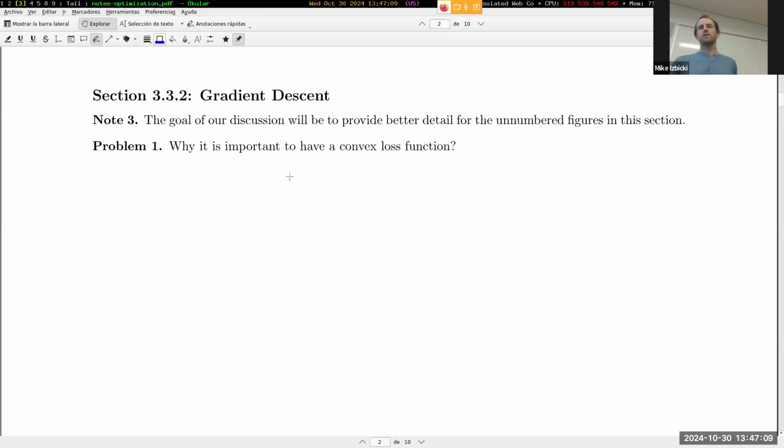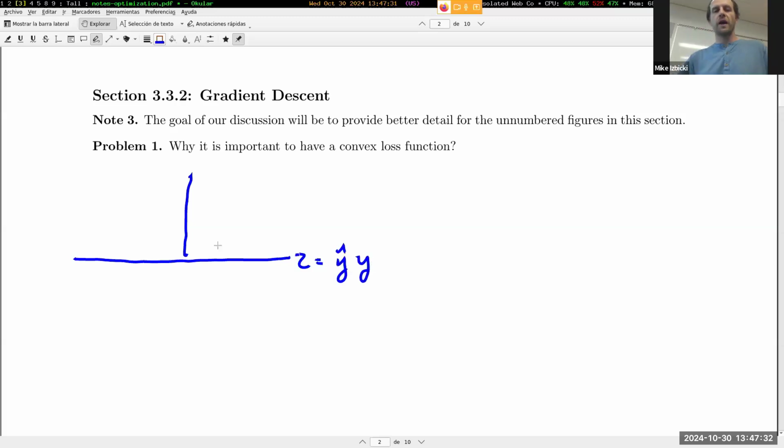So why is it important to have a convex loss function? We will answer this question by saying what bad thing will happen if we do not have a convex loss function. And the standard example of the non-convex loss function that we care about is the 0, 1 loss. I'll plot this on the z-axis. z again is equal to y hat times y.